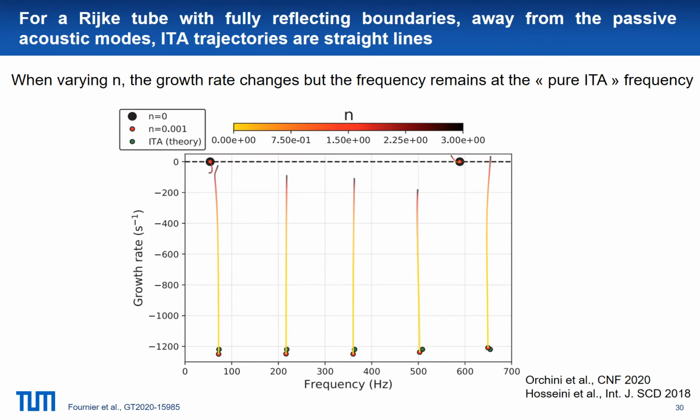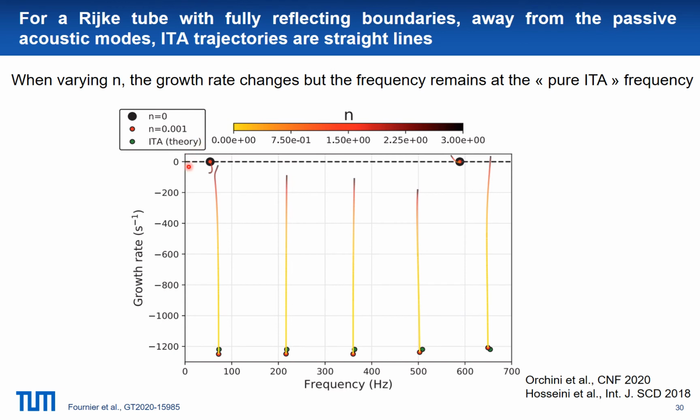For a Rijke tube with fully reflecting boundaries, away from the passive acoustic modes, ITA trajectories are straight lines. So this is a picture from Occhini that shows that when varying n, the interaction index of the flame, the ITA trajectories are straight lines.